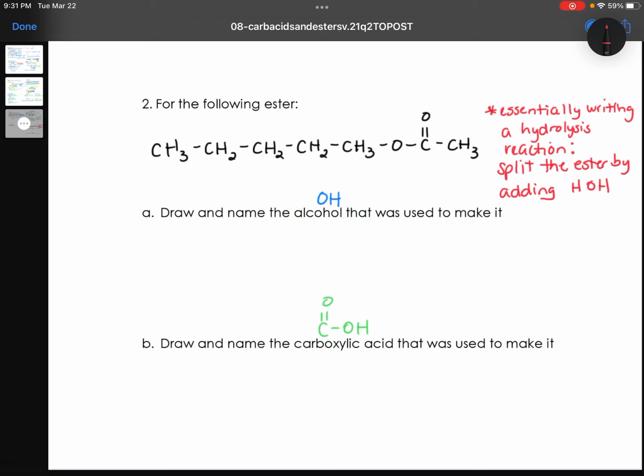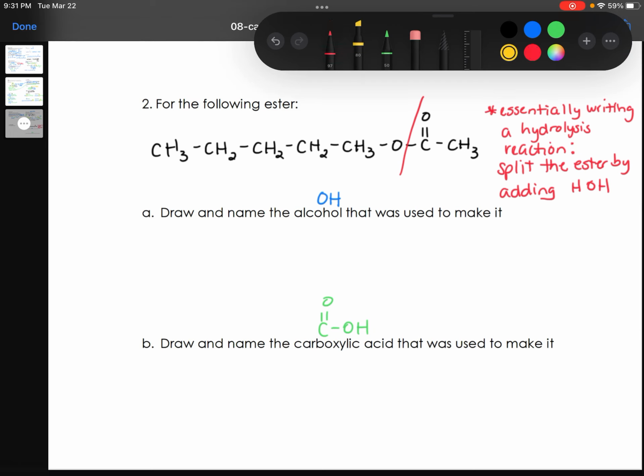Even though the question doesn't explicitly say this is a hydrolysis reaction, we're basically splitting the ester and adding HOH. So splitting the ester functional group basically in half.